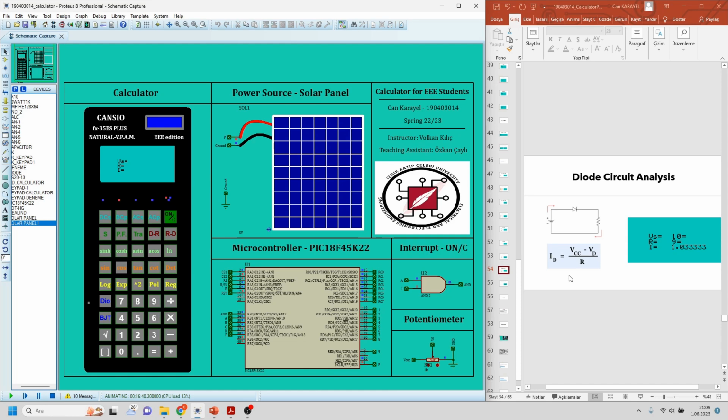According to the voltage source and resistor values, our calculator can easily find the source current that flows through the diode circuit. 10 volt as voltage source, 9 ohm as the resistor, and the calculator displays the result as 1.03 ampere as source current.